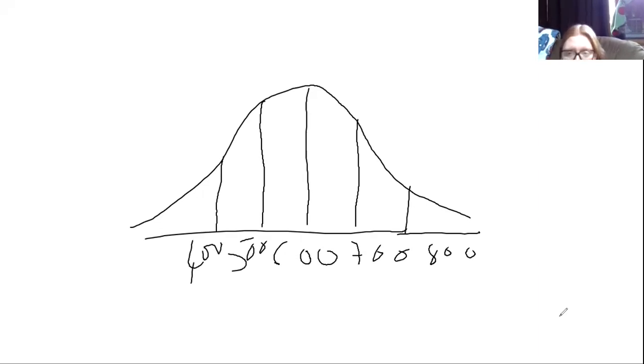So we will recall that based on the empirical rule, it says that within one standard deviation, there are 68% of values, 34 to the left, 34 to the right. So if we are asked, what is the probability a person selected at random will be between 600 and 700?